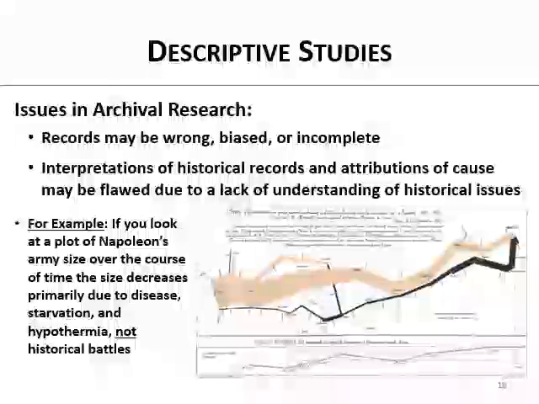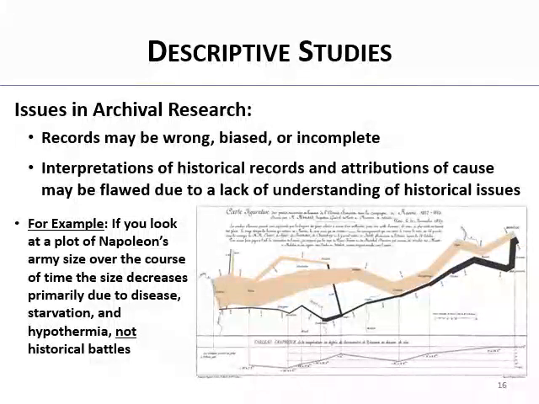So, for example, this is a very famous plot where the width of these lines is how wide Napoleon's army was as he was marching to Moscow. The tan line is on the way there, the black line is on the way back. And it looks, as an outside observer, like he just got beaten on his way to Moscow, and then ran with his army's tail between his legs on the way back.